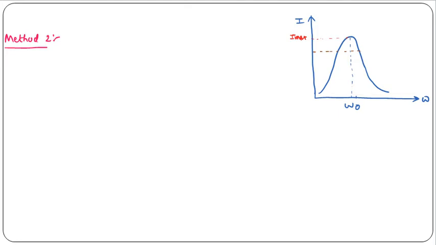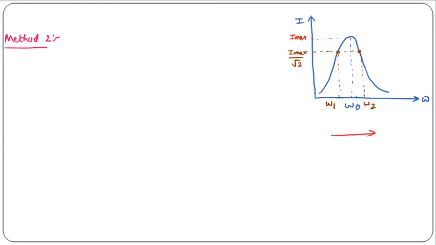At these points they are intersecting our curve, so this will give the omega 1 and omega 2 values. Omega 1 is the lower cutoff frequency and omega 2 is the upper cutoff frequency.